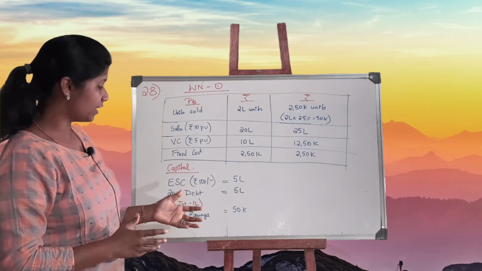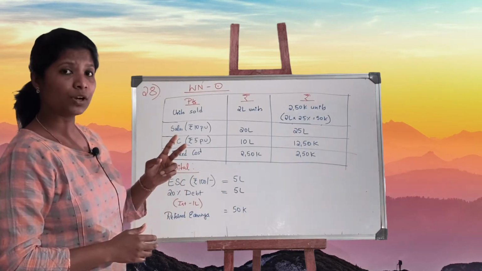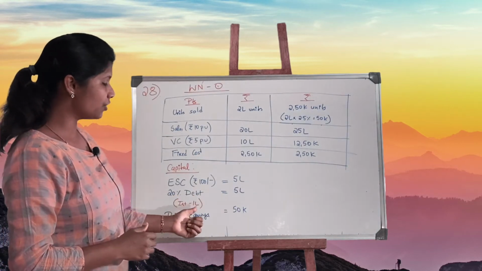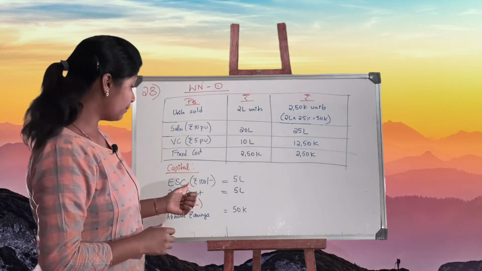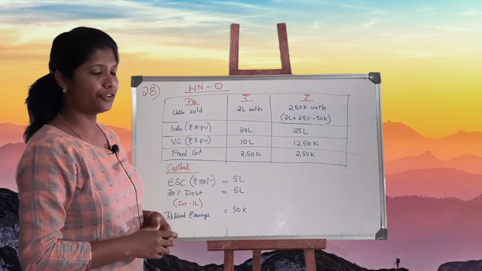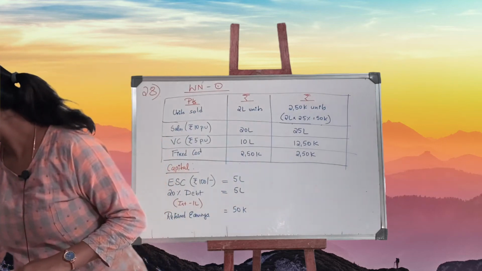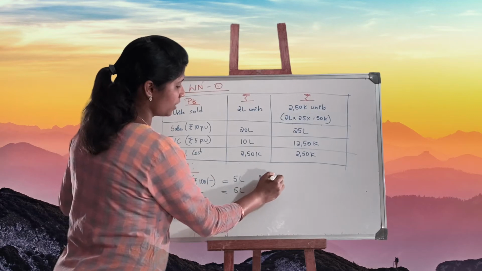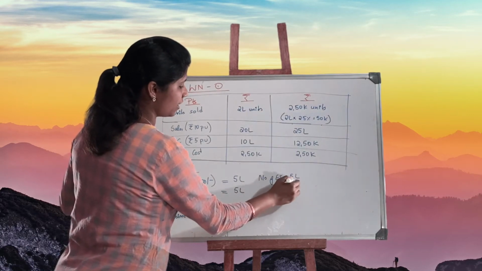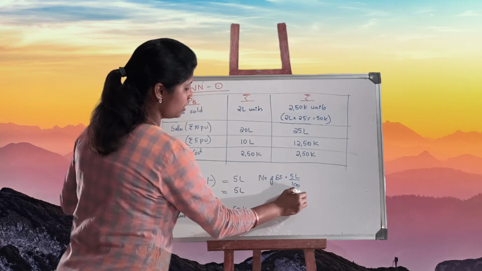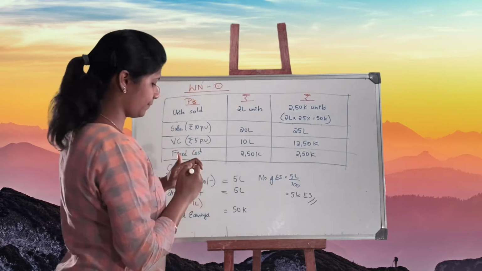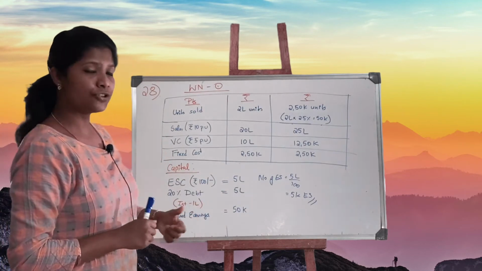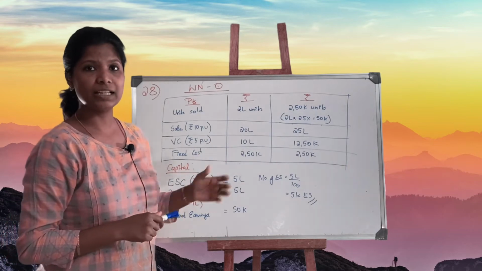So what we need to observe here is to find out the number of equity shares and the amount of interest we pay. 20% on 5 lakh will amount to interest rupees 1 lakh, and number of equity shares, 5 lakh divided by 100, we arrive at 5,000 equity shares. So from the existing capital we got 2 points: number of equity shares 5,000 and interest paid is 1 lakh rupees. So let's begin our income statement.